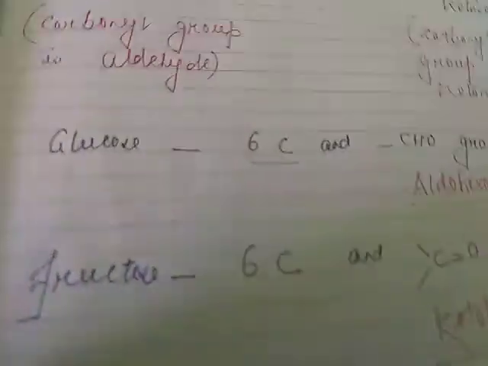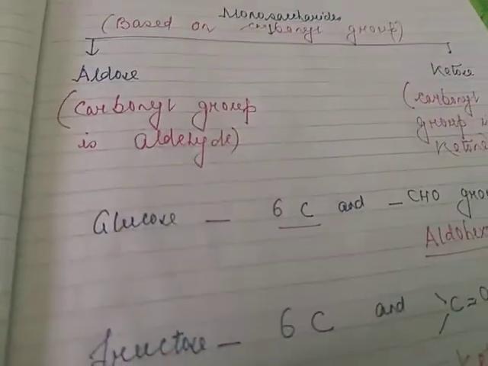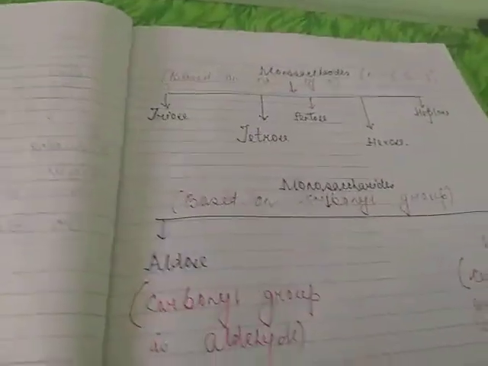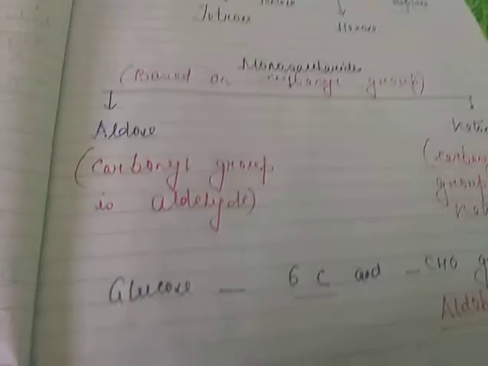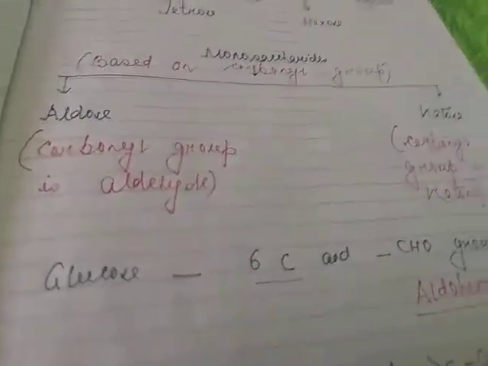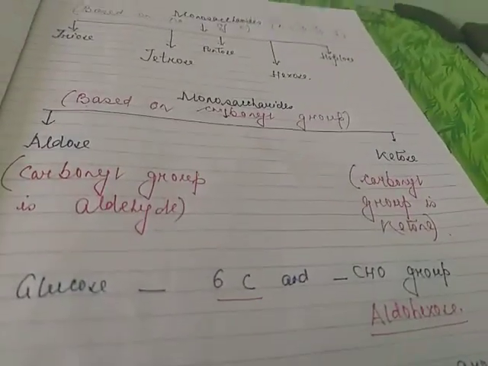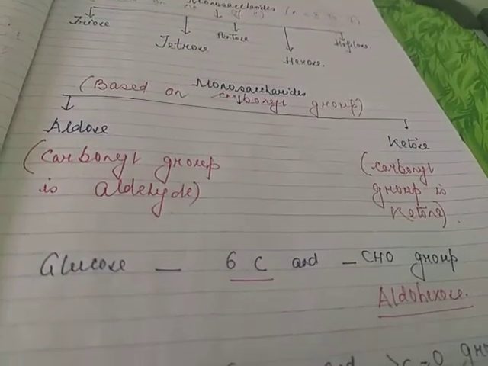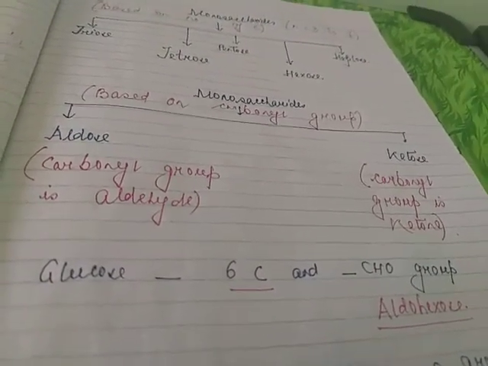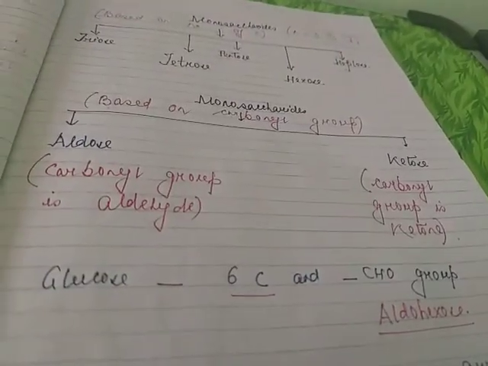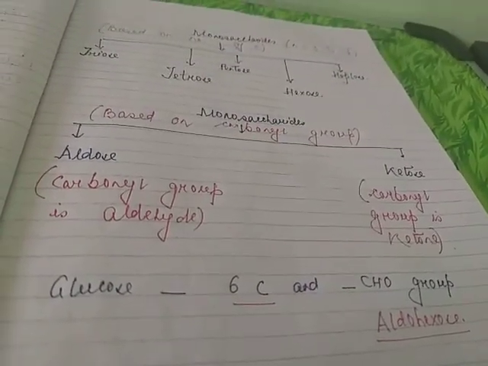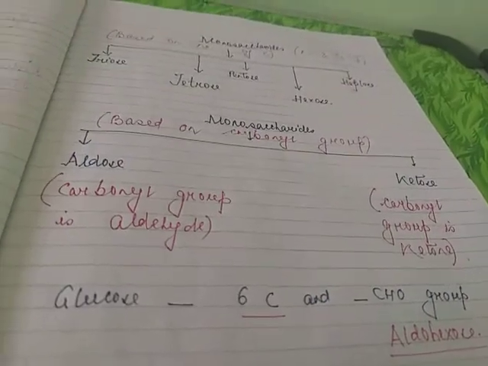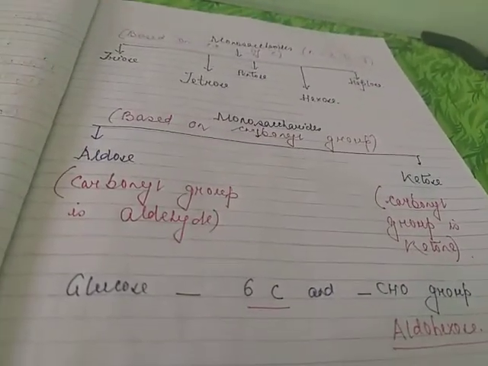Now, the overall classification of monosaccharides is done on the basis of the number of carbons as well as the carbonyl group. For example, glucose has 6 carbons and 1 aldehyde group. It is aldohexose. Aldo for aldehyde group, and for 6 carbons it is hexose. It is not aldose hexose. Only one OSE will be there.